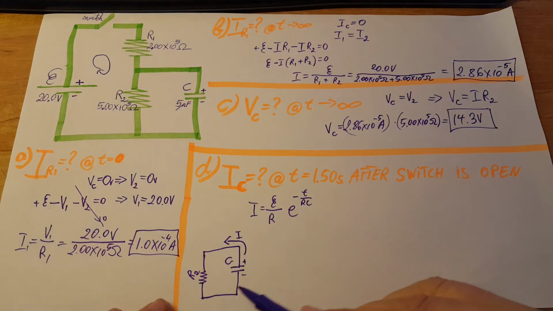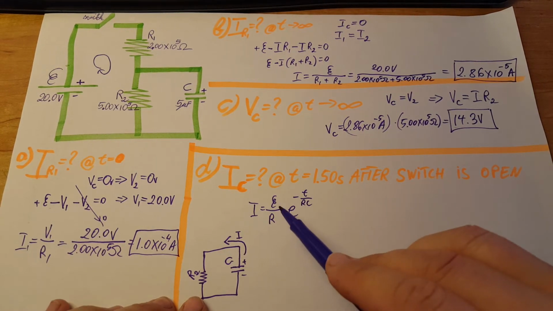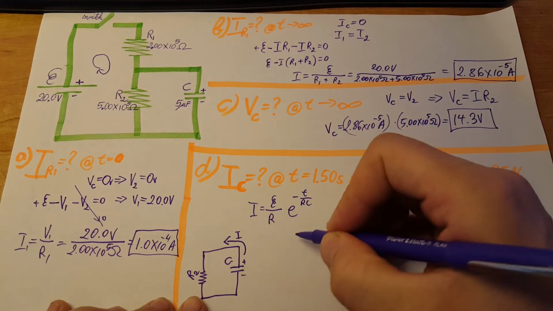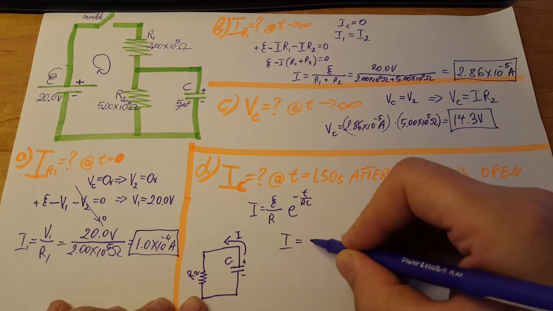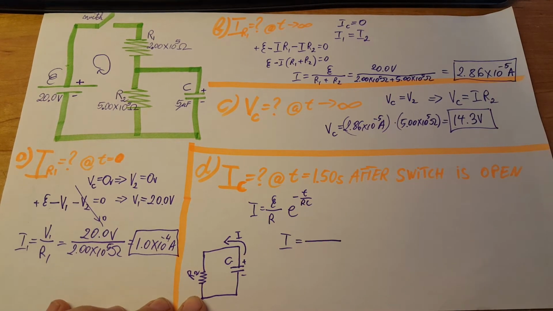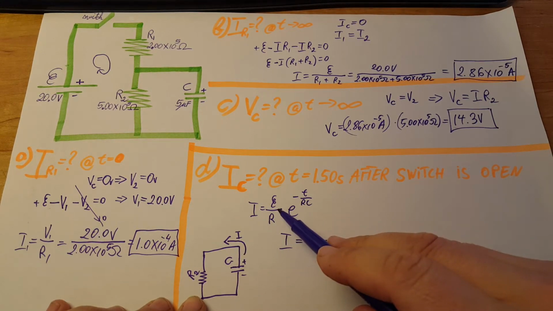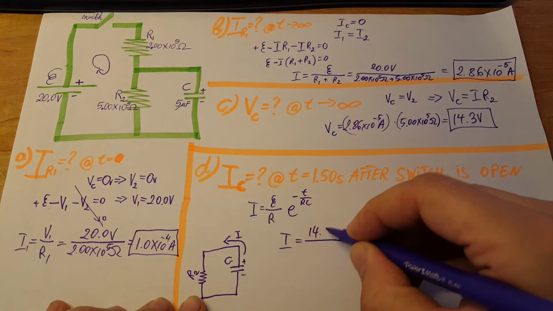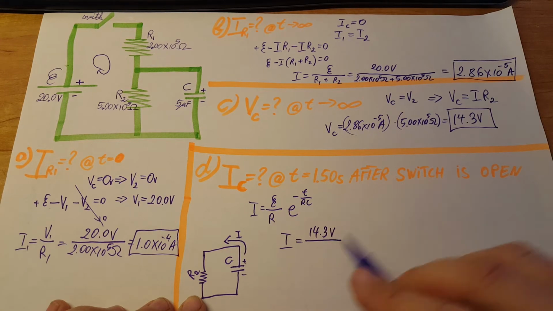Now that we know what's left in our circuit, it's gonna be much easier to fill out our numbers here. So I equals the voltage that we have here. We calculated it, it's right here, 14.3 volts.